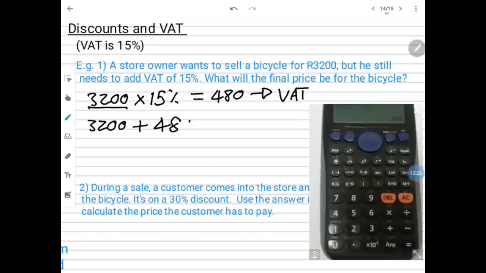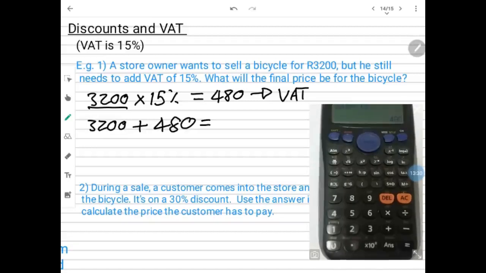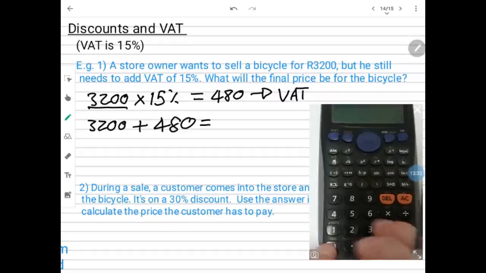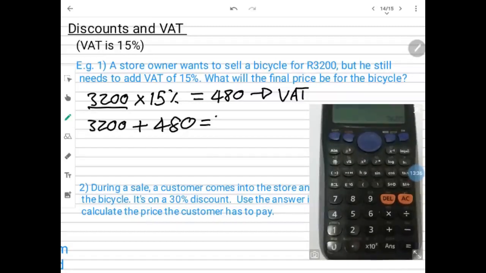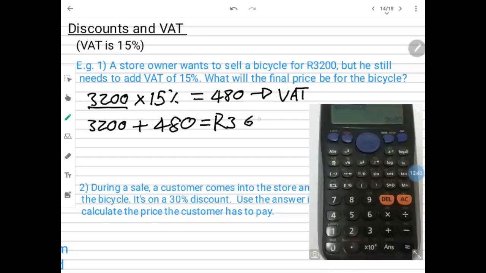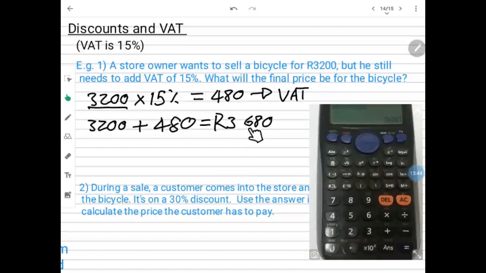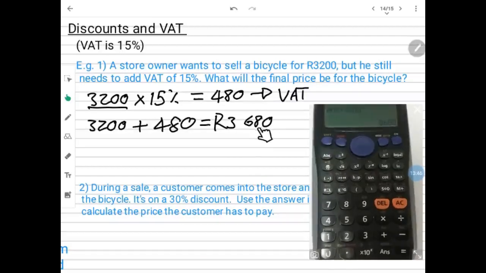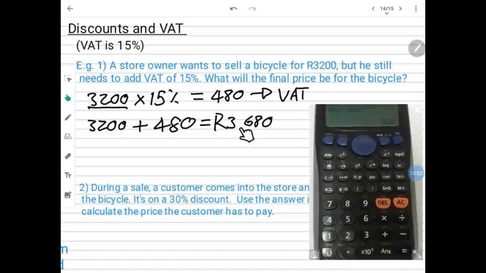I'm sure you've done a calculation like this before. So we add 3,200 and 480, and we get 3,680. Please write your numbers neatly. The moment you go onto thousands, please have a gap between the thousands and the hundreds.